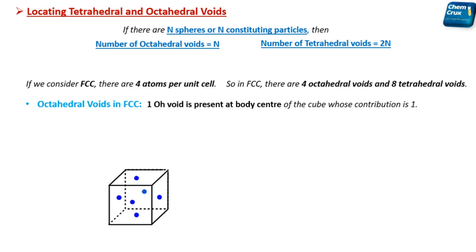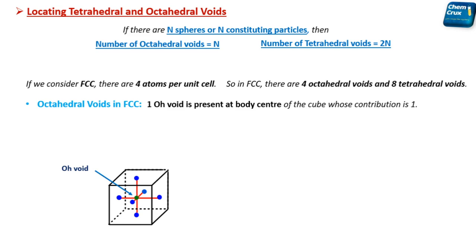So these are the 6 points at the center of the 6 faces. Now if we join these points like this, you can actually see the formation of an octahedron. These 4 points lie on the plane of the octahedron. This point is above the plane and this point is below the plane. So at the center there will be a formation of an octahedral void, right?